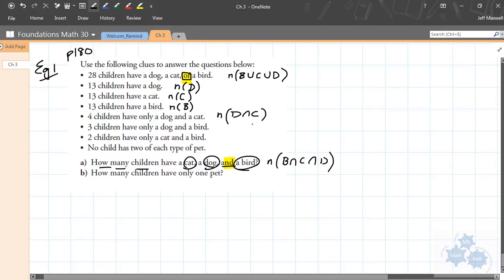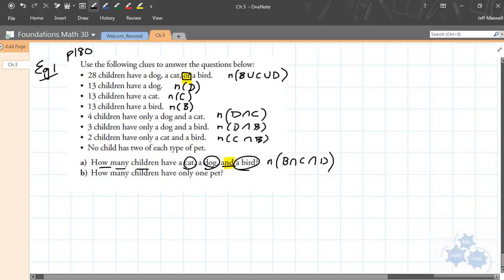Intersection. Okay. So that's going to be dog and cat. Okay. And 3 children have only a dog and a bird. So number of dog and bird. 2 children have only a cat and a bird. Okay. So this is the number of cat and bird.